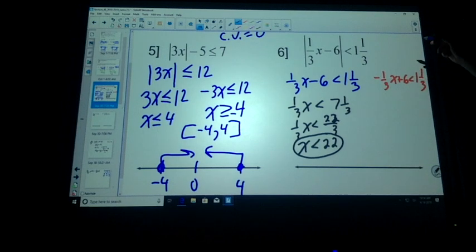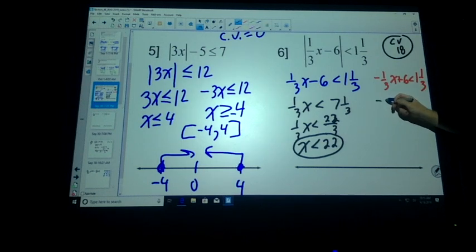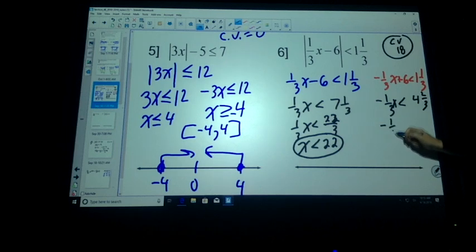I didn't get my critical value. The critical value looks like, let's see, that's going to be 6, 18. The critical value is 18, I believe. All right, this one, subtract 6. Subtract 6 from that, I'm going to get 4 2/3. I'm going to make it an improper fraction, so 14/3.